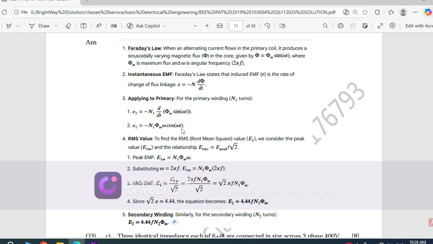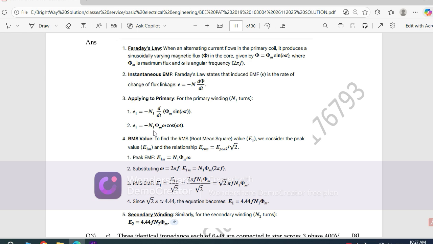You can replace this cos omega t by sine of omega t minus pi by 2, and it becomes a negative term. Because of this, the negative gets cancelled and becomes positive, and this way we get that the EMF generated is normally lagging.